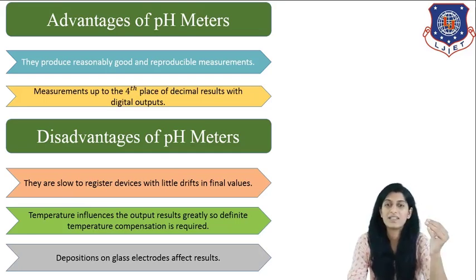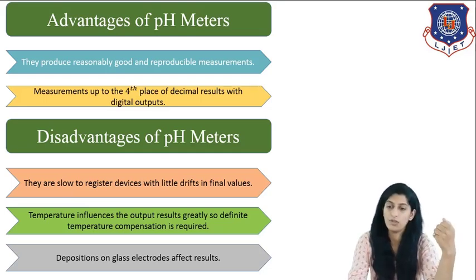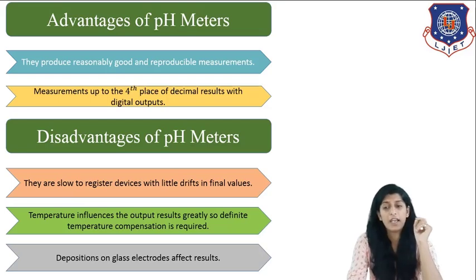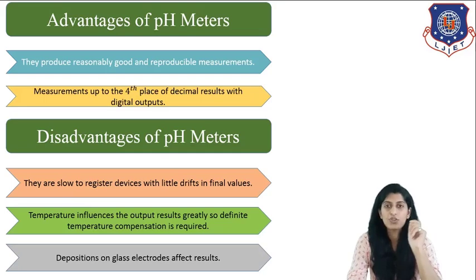So if you change the temperature of any solution, then there will be a change in the pH of that solution also. And if there is some kind of deposition on the glass, then it will definitely affect the results, right? So these are the advantages, disadvantages and equipment which are used for pH measurement. Hope the topic is clear. Thank you.